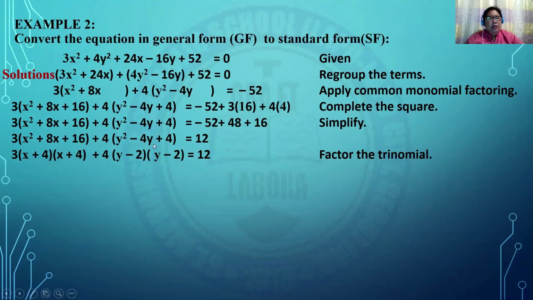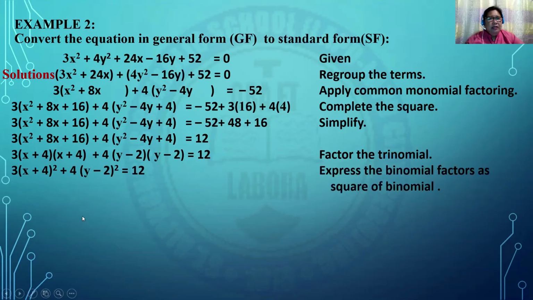Factor y squared minus 4y plus 4 into y minus 2 times the quantity y minus 2 equals 12. And then express the binomial factors as square of binomial. This can be written as the square of x plus 4, and this can be written as the square of y minus 2 equals 12.